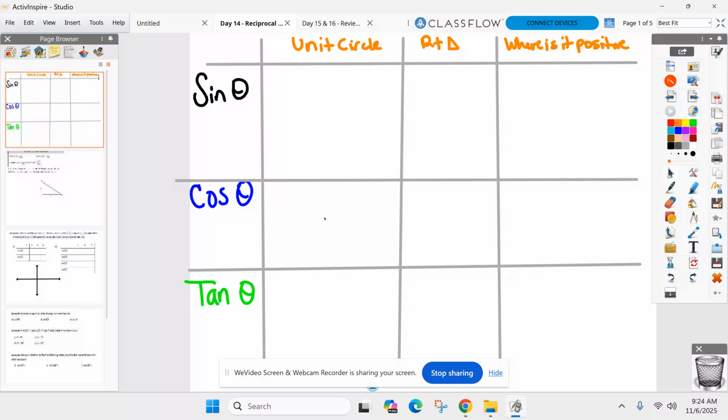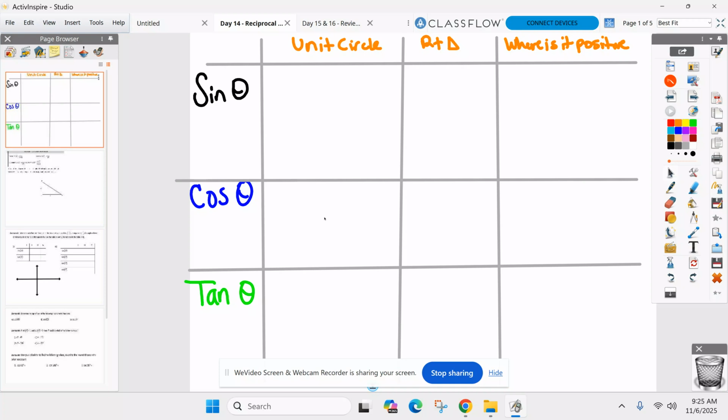I'm going to start by going over this chart with you. It's unit circle on the first column, right triangle on the second.